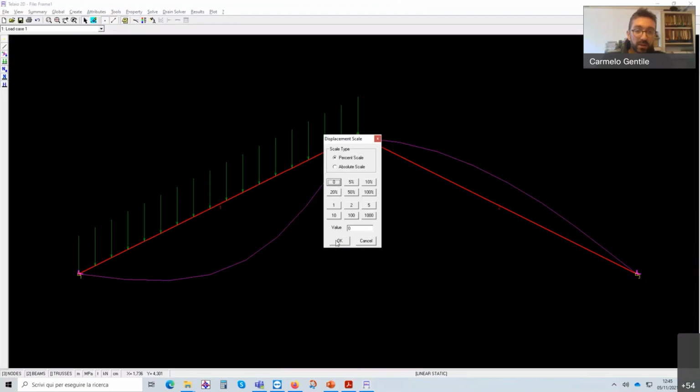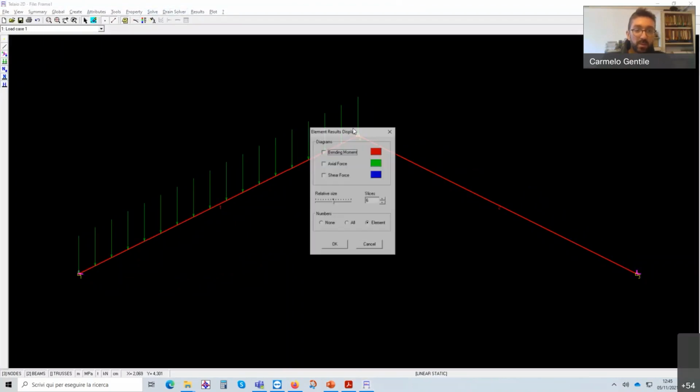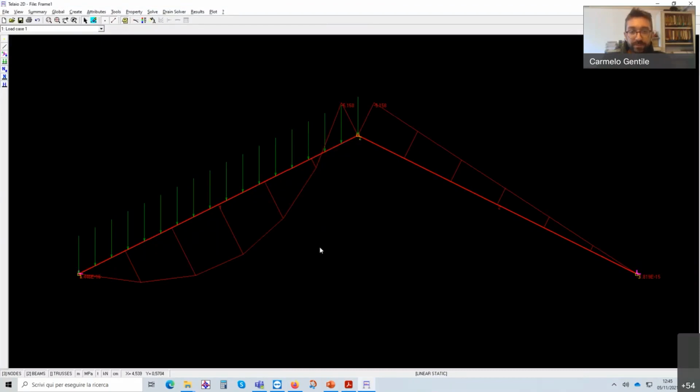Let's just unselect this. We look for the bending moment. We found the bending moment. Okay, someone just told me I cannot chat here. Okay, Sir, I have a question in the chat.